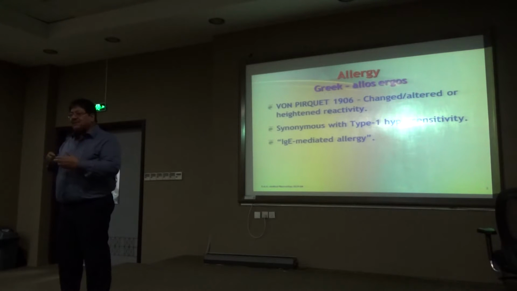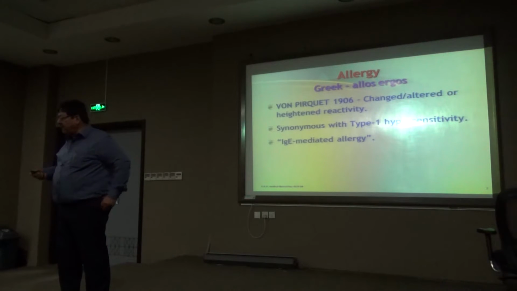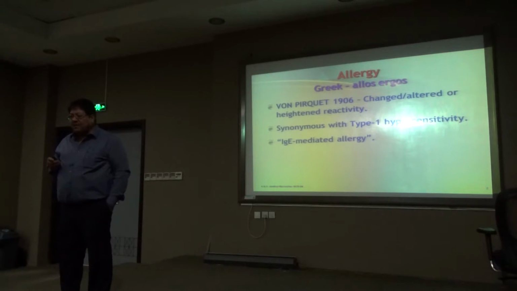So the child becomes allergic to certain nuts, certain food, and so on and so forth. Further than that, they can develop asthma.